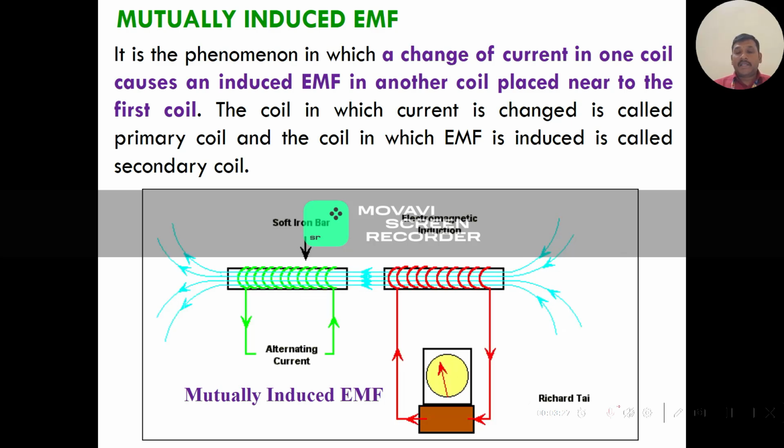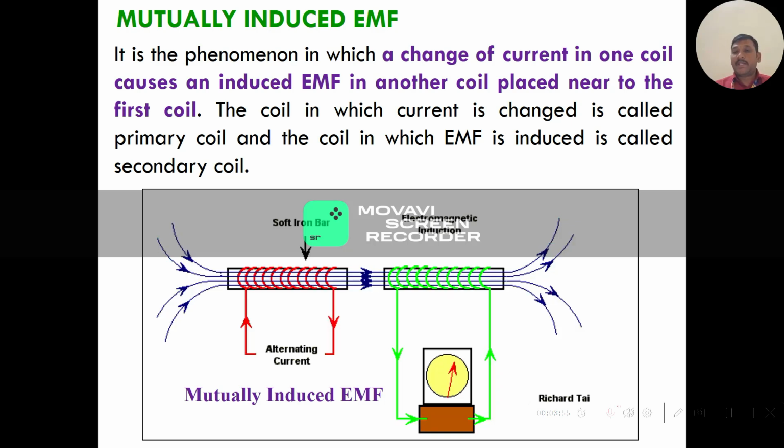The EMF applied to coil 1, which is connected across the AC source, creates the magnetic field, and that magnetic field travels through the magnetic path and reaches the nearby coil connected with the load. So that cuts the coil which is near the exciting coil.